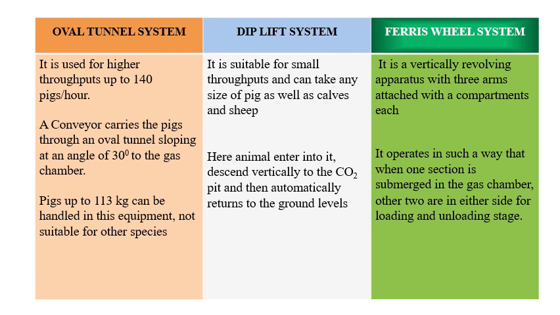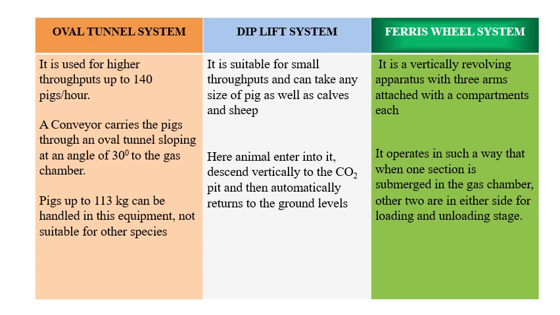The third variety is the Ferris wheel system. It is just like the big giant wheel we use in an amusement park. It is a vertically revolving apparatus with 3 arms, each attached with a compartment. It operates in such a way that when one section is submerged in the gas chamber, the other 2 are on either side for loading and unloading.